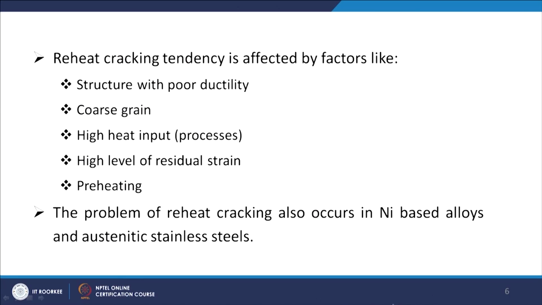This problem also occurs in nickel based alloys and also in certain steels, the low alloy steels.